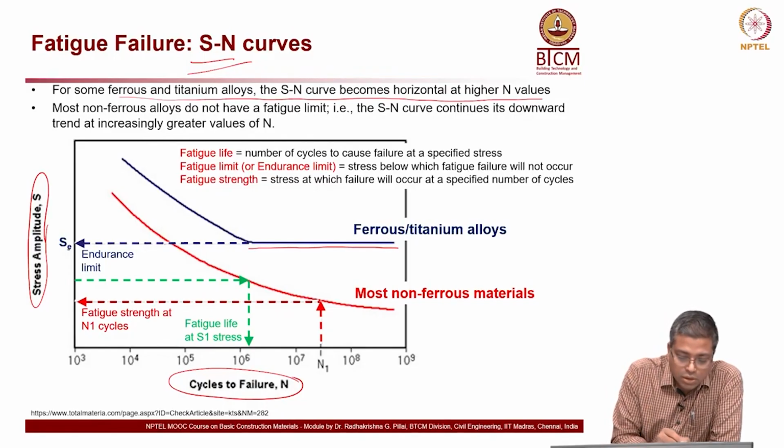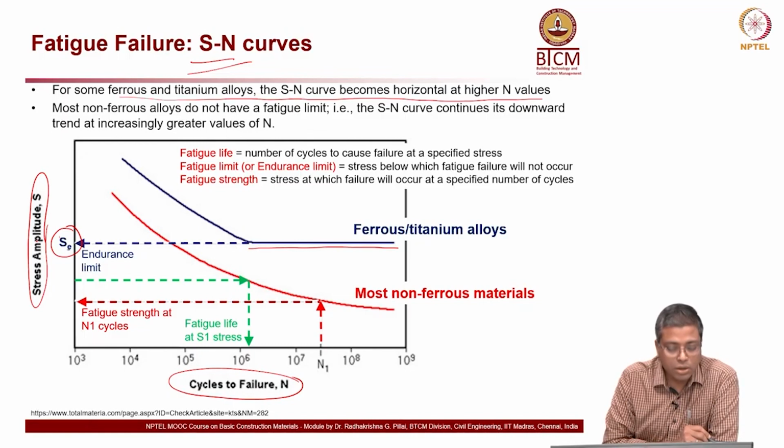That limit, or the corresponding stress value SE, which I am calling the endurance limit or the fatigue limit, is a stress below which failure due to fatigue will not occur. Okay.